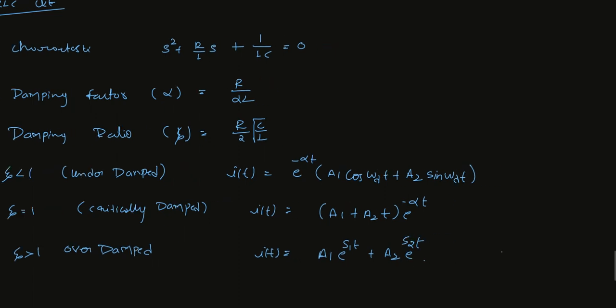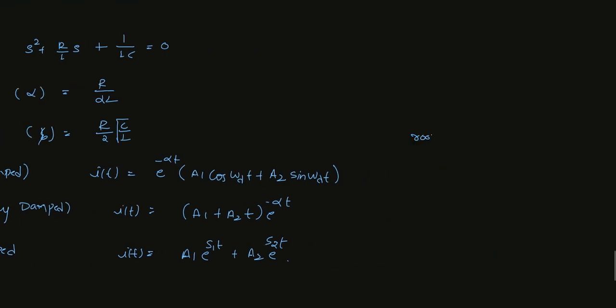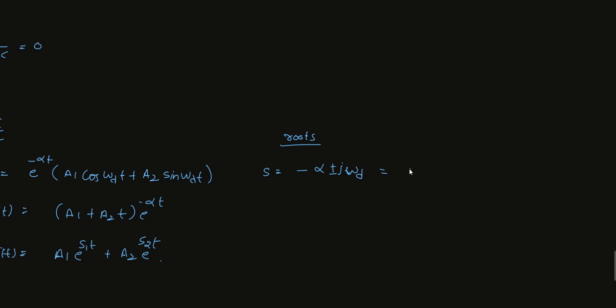Okay, and let us write the roots as well. So for this, roots will be s is equal to minus alpha plus or minus j omega d. So this is also written like this: minus zeta omega n plus or minus omega n into root over 1 minus zeta square.